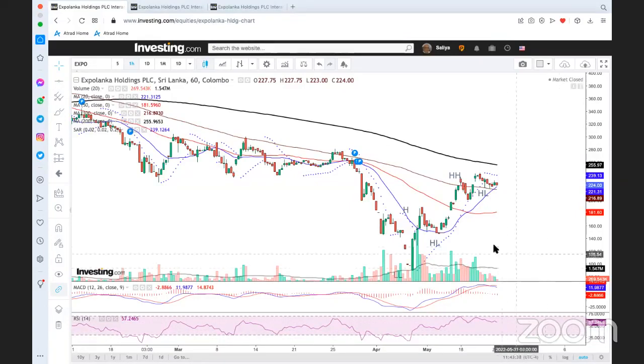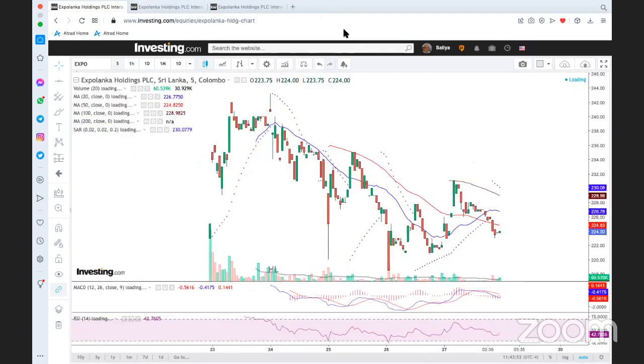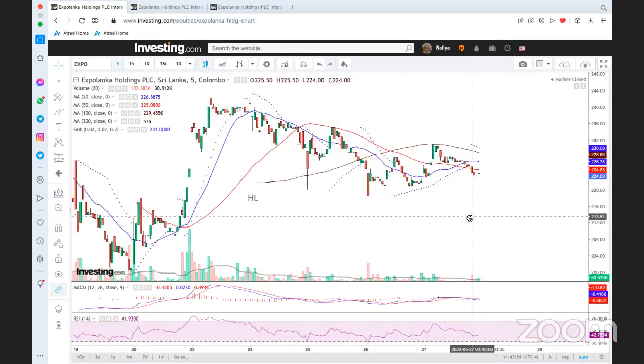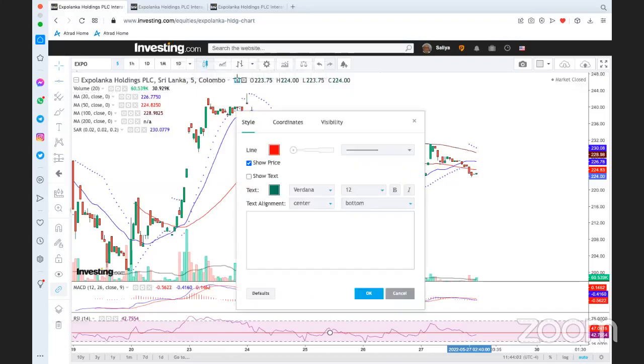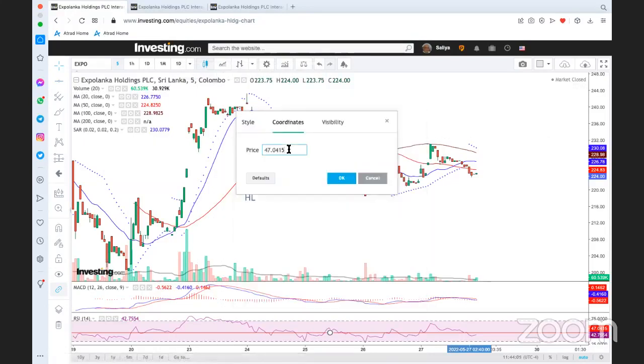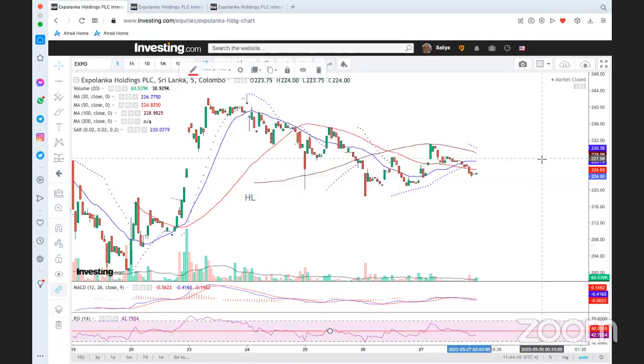So let's go to the 5-minute chart. In the case of the 5-minute chart, you can see that the RSI has come down to 42, below the 50-point mark.